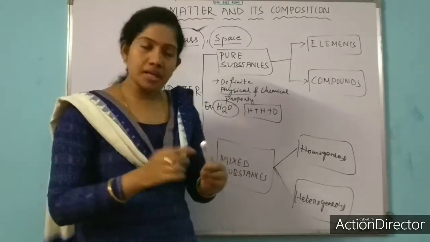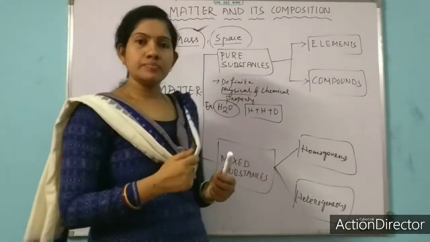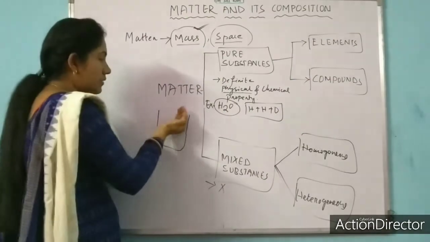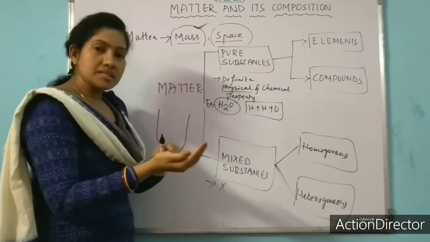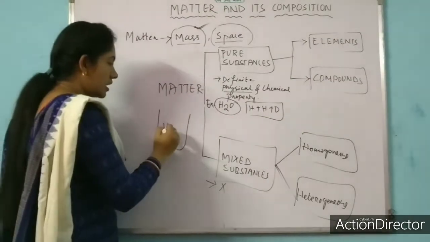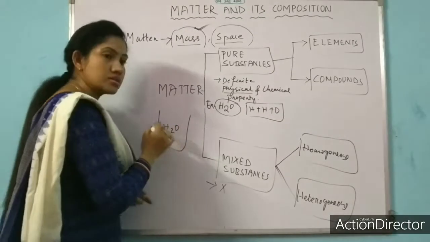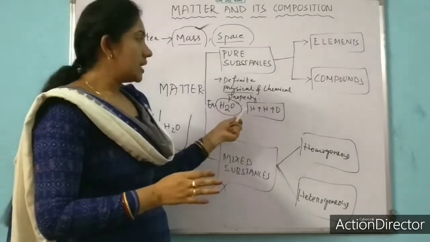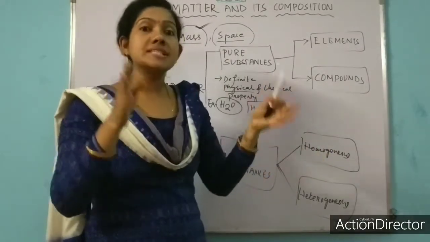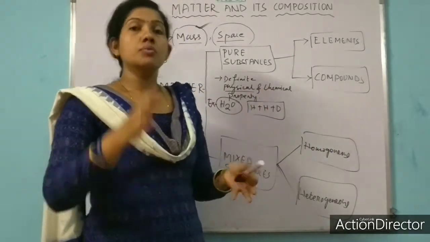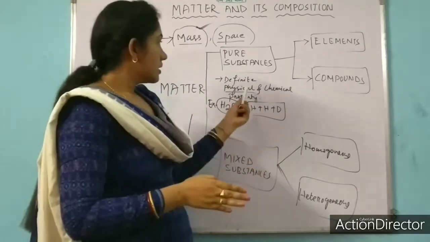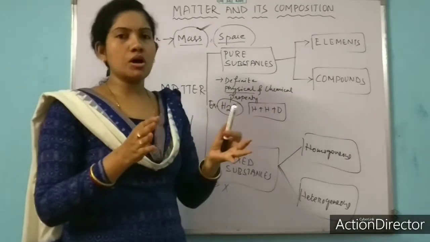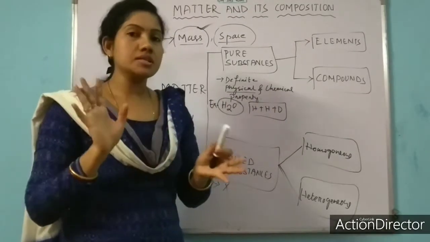Can I separate the hydrogen and oxygen of water? No. They cannot be separated physically. We cannot separate a pure substance physically, but chemically we can somehow separate it. That part we will discuss.